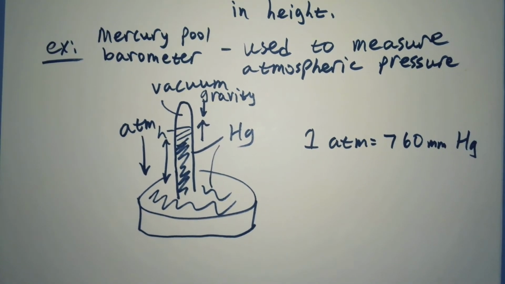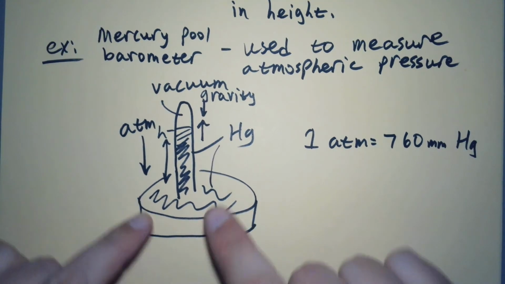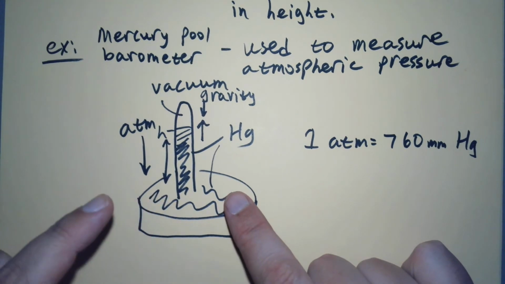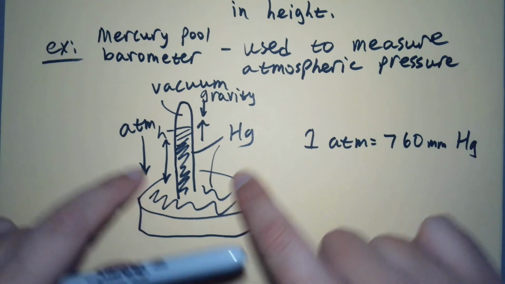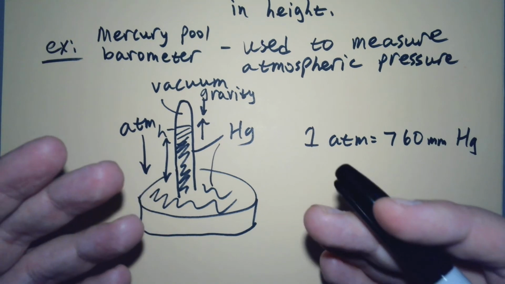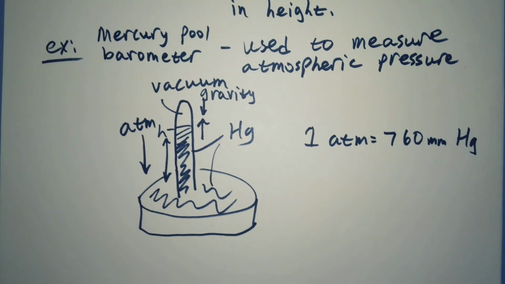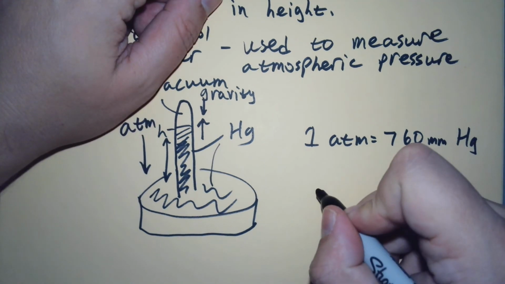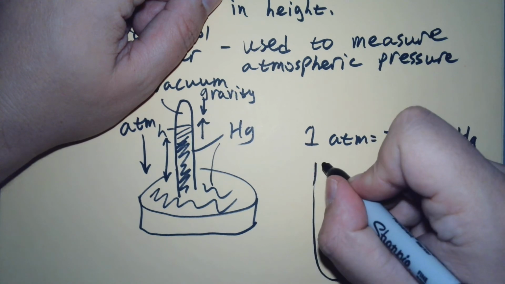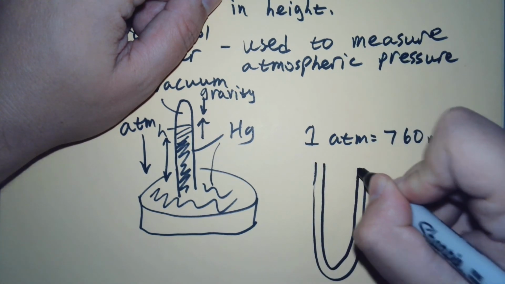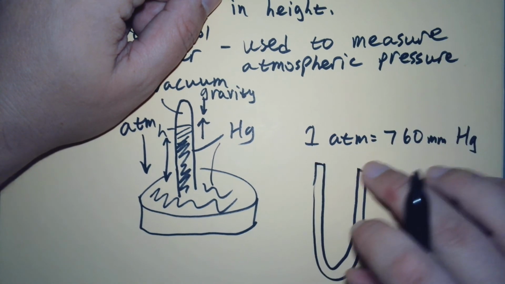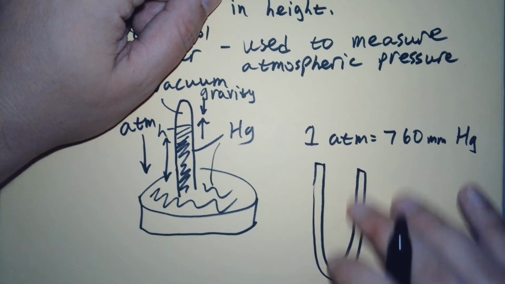So, the other thing is, the design's been changed because it's generally not a good idea to have an open container of mercury around. So mercury poisoning is very real and very dangerous. And it's a liquid, it can evaporate, alright? And so you can inhale mercury vapor and get mercury poisoning. And so now it's generally more like a big U, basically. And so what that lets you do is keep a little bit, you don't have a big open pool, you've got a little bit of an end here, and you can have a trap and stuff like that.